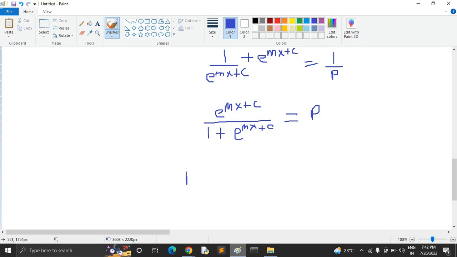So this is written as p is equals to e to the power mx plus c upon 1 plus e to the power mx plus c.